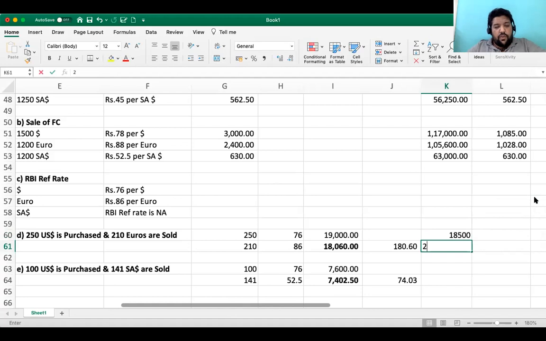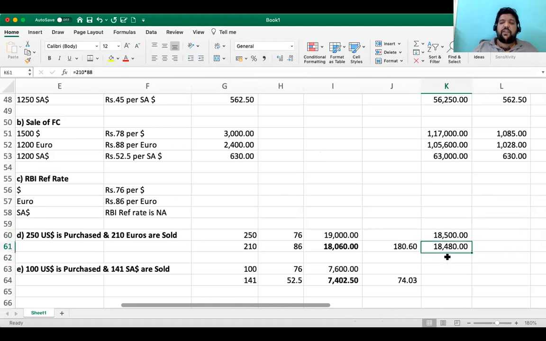Similarly, your euro selling rate is 88. If you carefully note, almost the answer will be same.